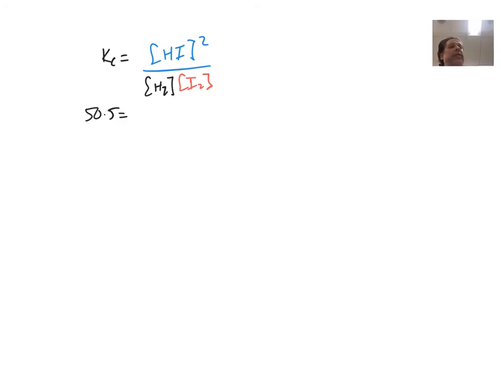We determined that the concentration of HI would be 2x squared, and the concentration of H2 would be 1.00 minus x, and for I2 would be 2.00 minus x.